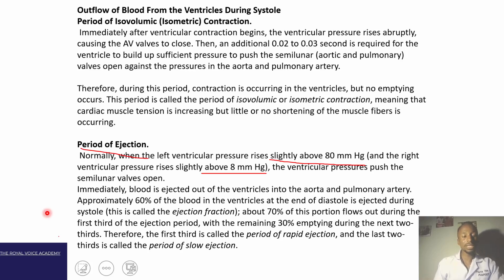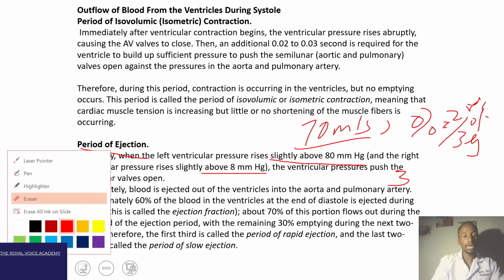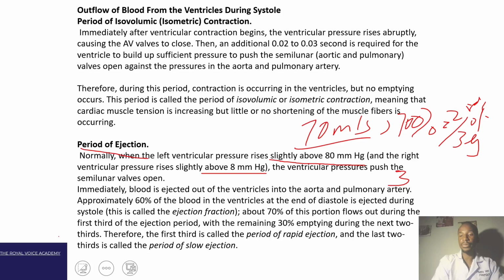So let us do the mathematics here. Let's say that you have 110 mLs.